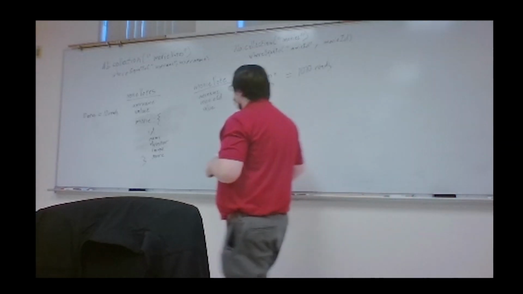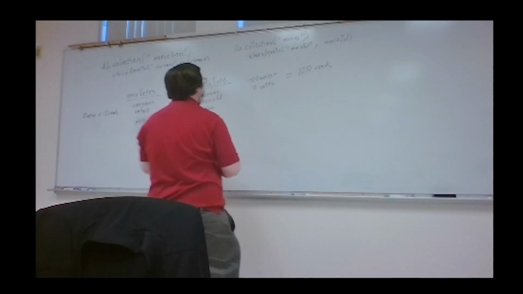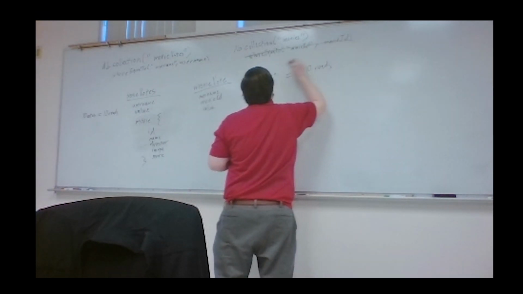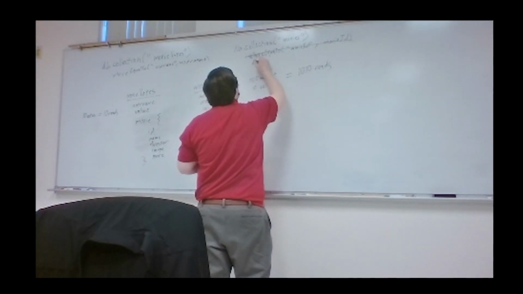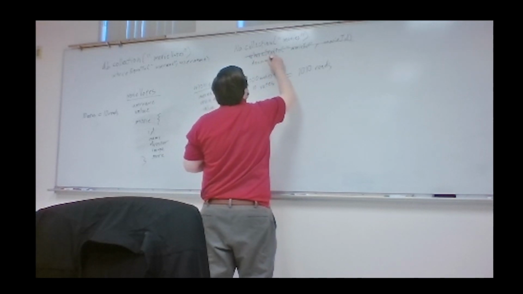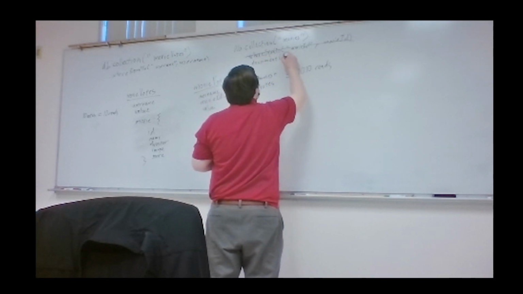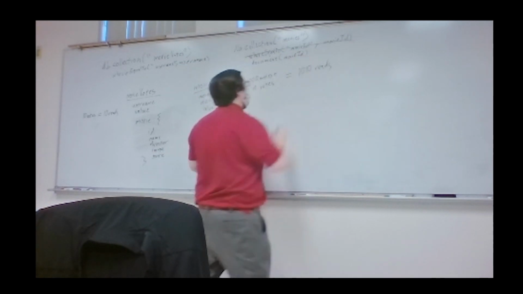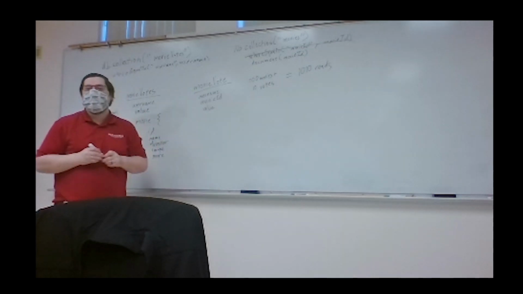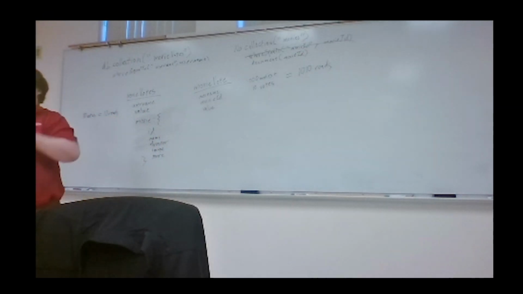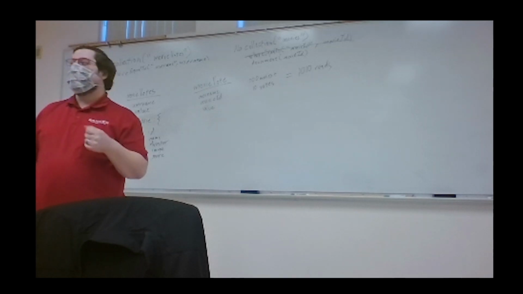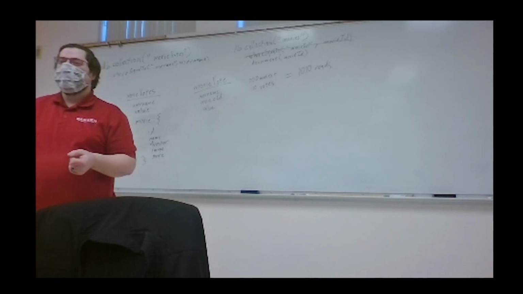So what I need to do instead, this syntax does not work. That syntax does. If I want to look for a document by its ID, it's .document, not where equal to.